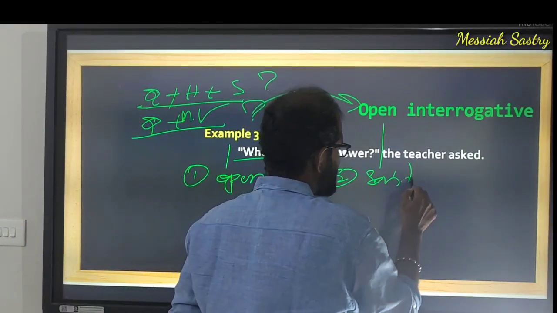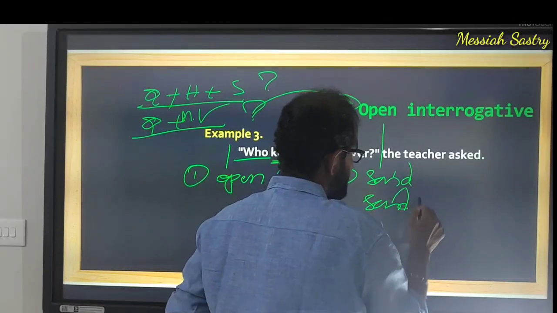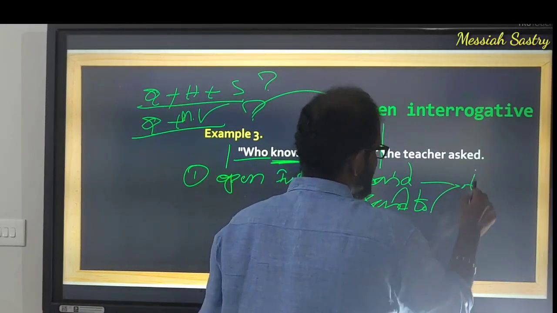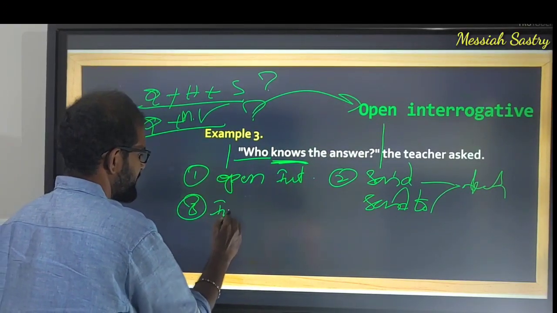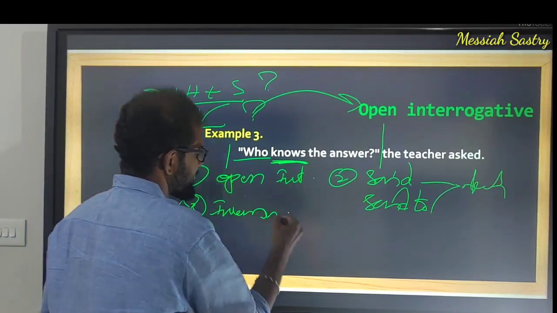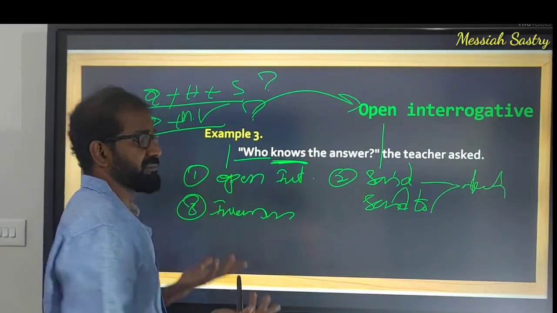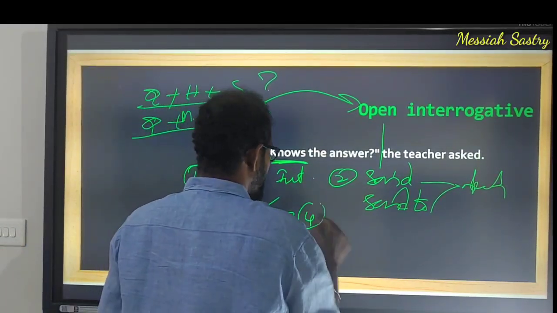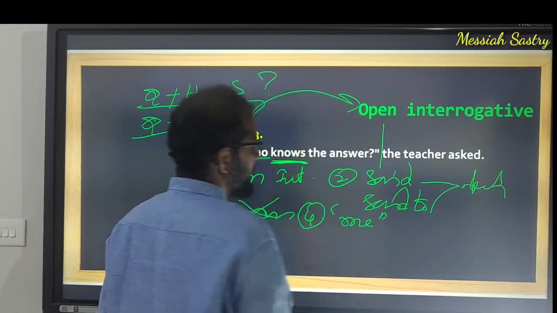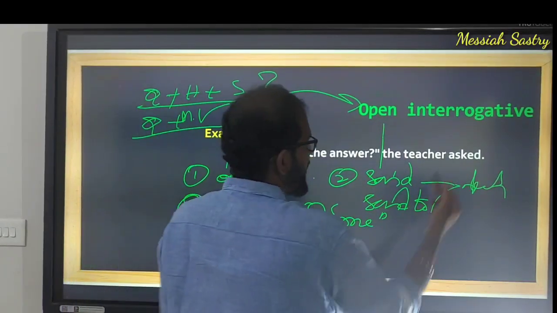Said or said to changes to asked. Third point, inversion. There is no possibility for inversion because there is no helping verb. So we don't use inversion. Fourth point, use me if there is no listener. Let us see, is there a listener? Teacher asked whom?